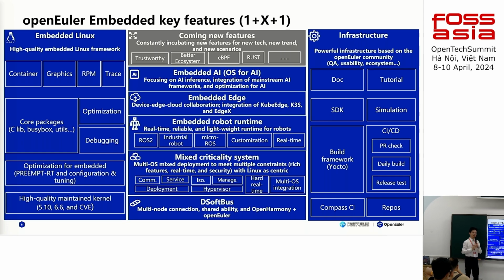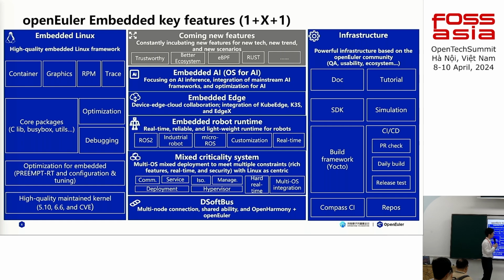And for the embedded Linux, we have a high quality maintained kernel, which is the same kernel as other distributions of openEuler. And above that, we will do specific optimizations and configurations, like we will apply the PREEMPT_RT patch for soft real-time applications, and we will do fine-grained configurations and tuning to reduce binary size and memory consumption.